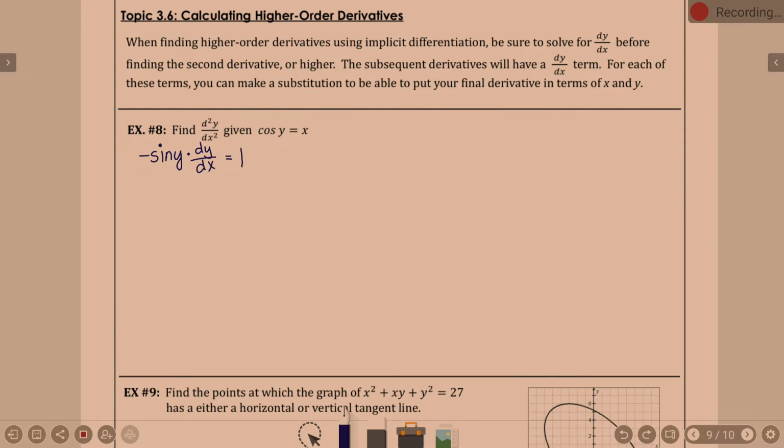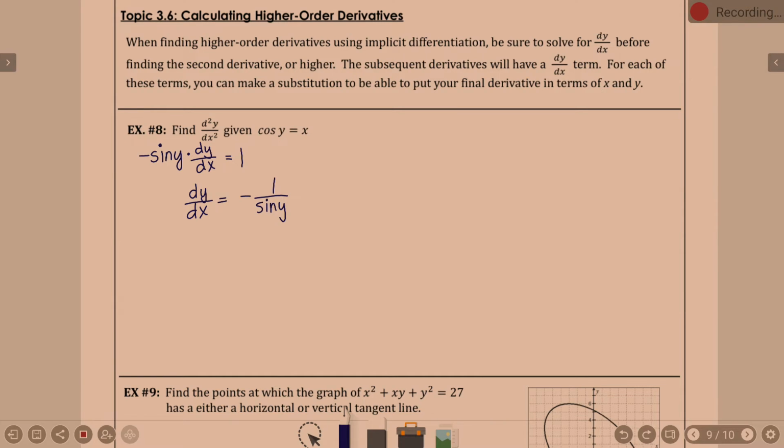Okay. So, in working with derivatives, we want to solve this for dy/dx. So, dy/dx is going to be 1 over negative sine y, the negative of 1 over sine y. You gotta have a negative there somewhere, right?